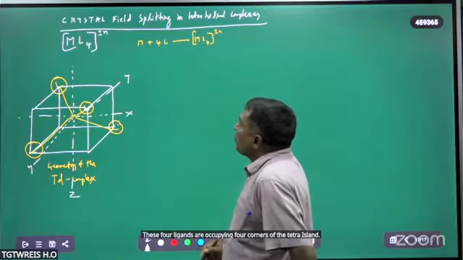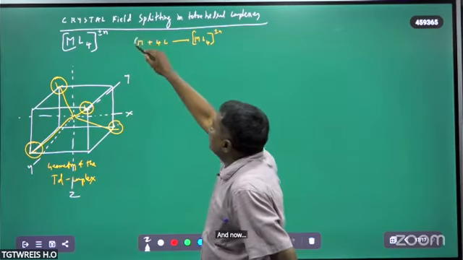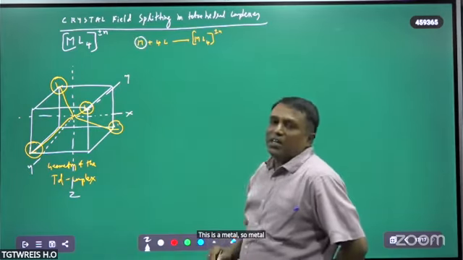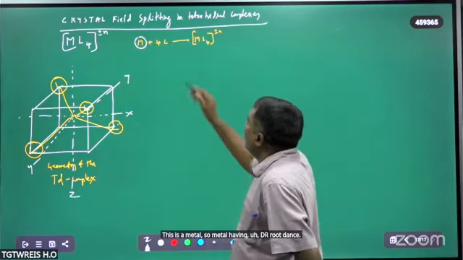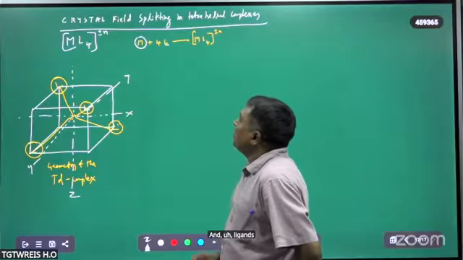And now, this is the metal. So metal having d orbitals and ligands approaching this metal.